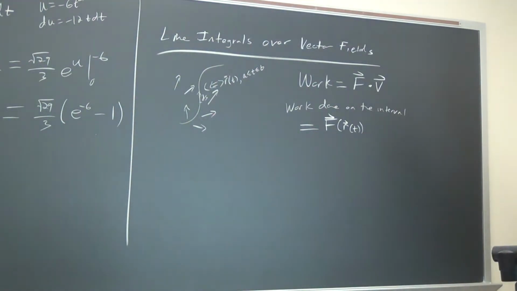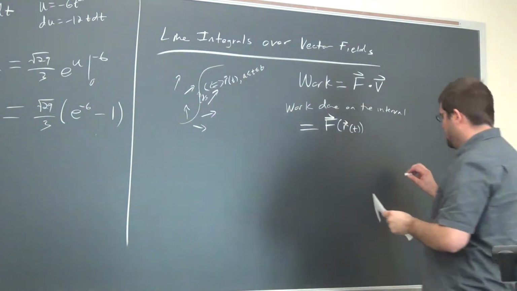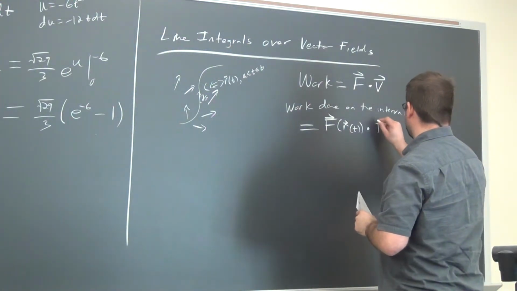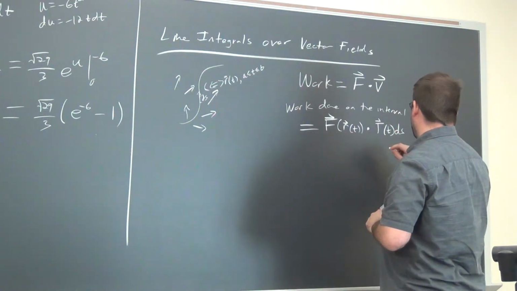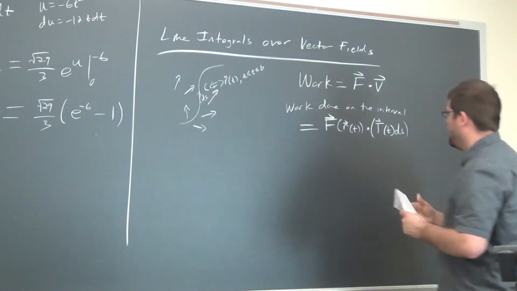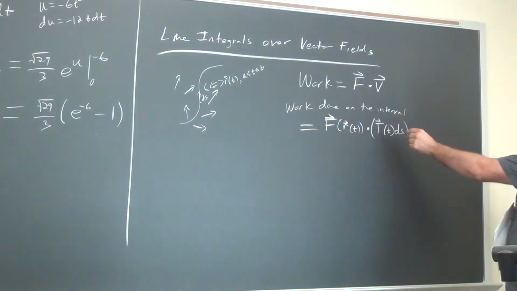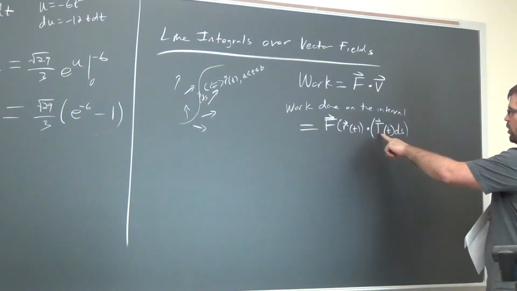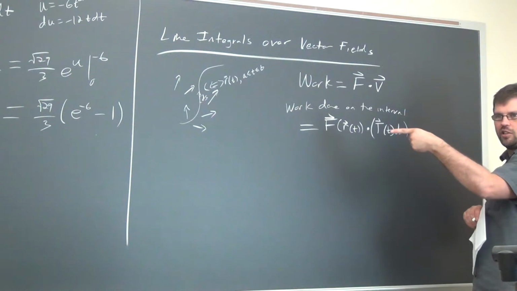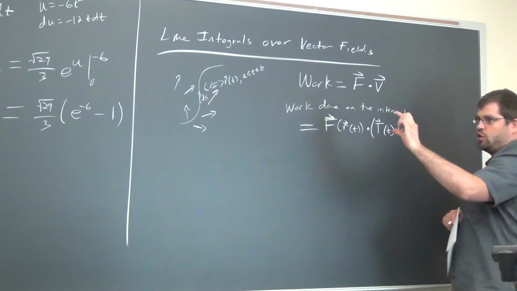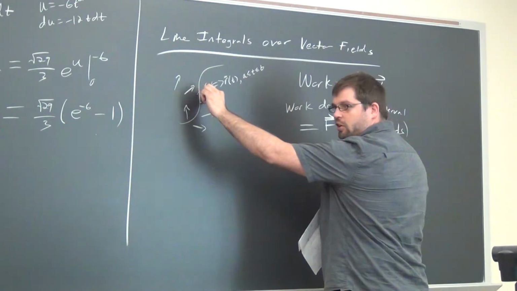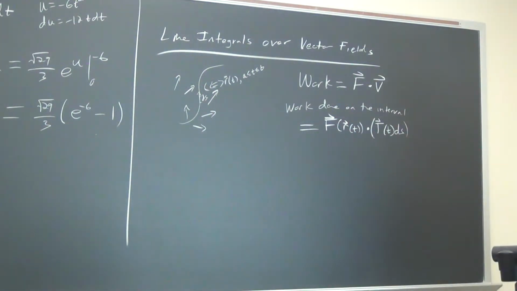So the work done should be your force dotted with, let's just write it this way, the unit tangent vector times the length of that little piece of the curve. Does that make sense? So the unit tangent vector we're just using to point in the correct direction, and then we're using ds to say we're going this far along that curve. Does that make sense?